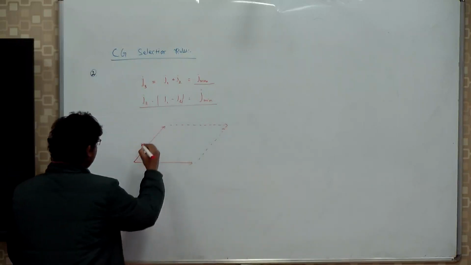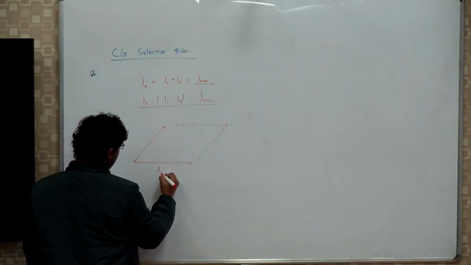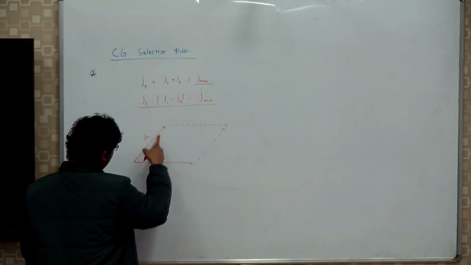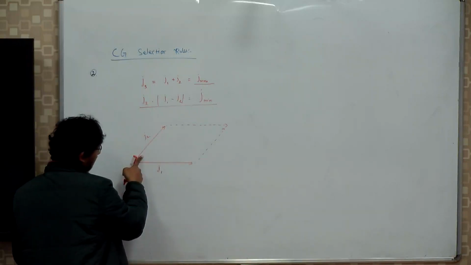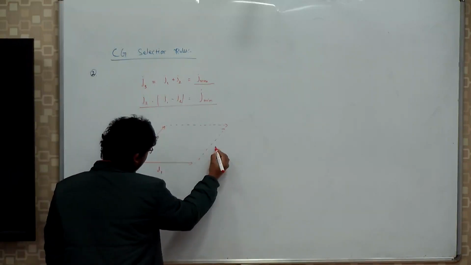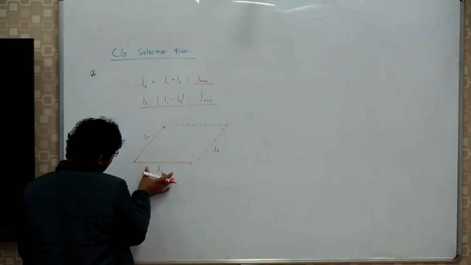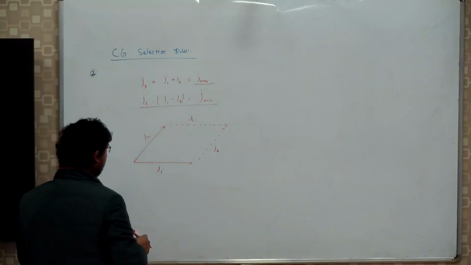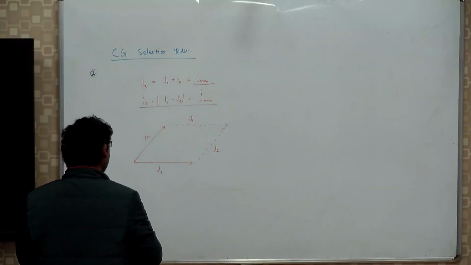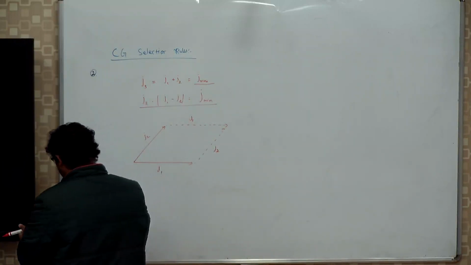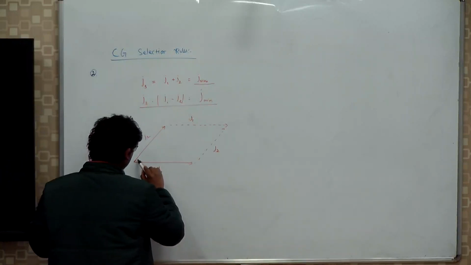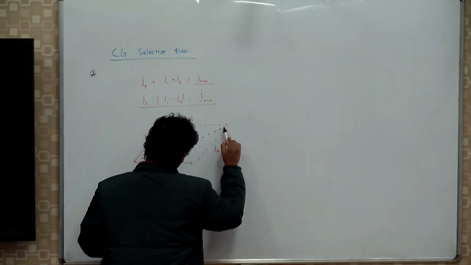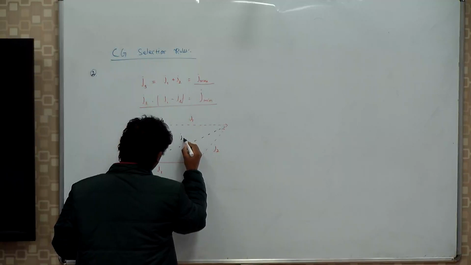Look at this example, J1 and J2. If this magnitude is J1, J2, then this magnitude is also J2. If this magnitude is J1, then this is also J1. If you want the diagonal value of this parallelogram, this value is nothing but J3.